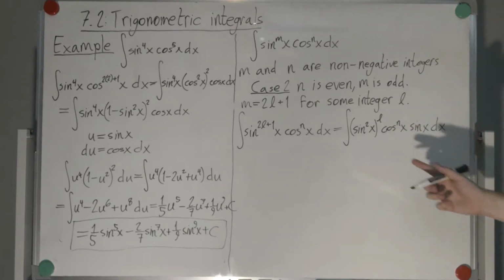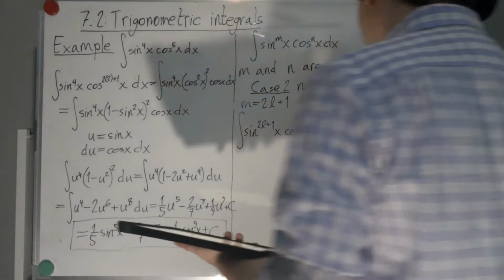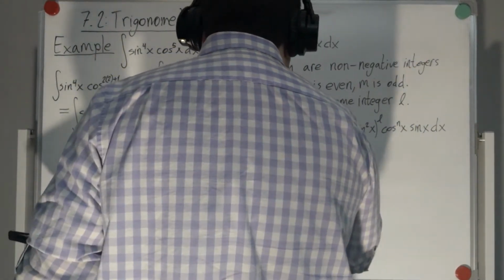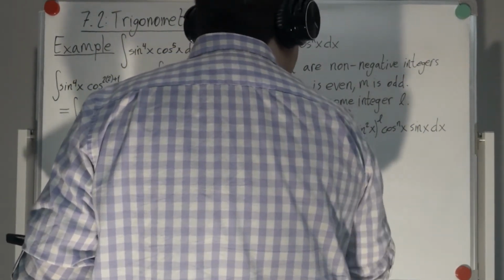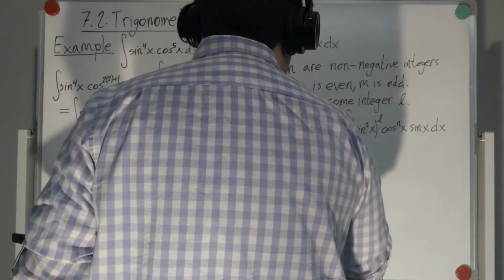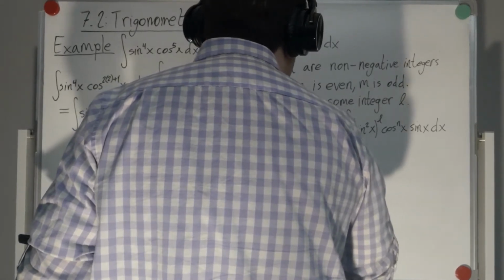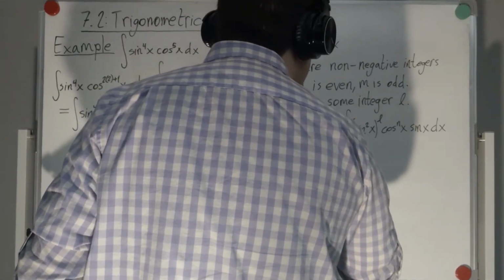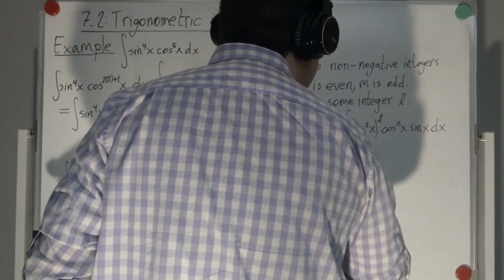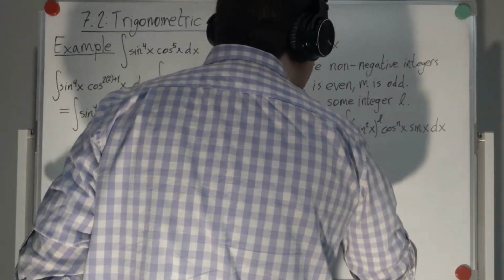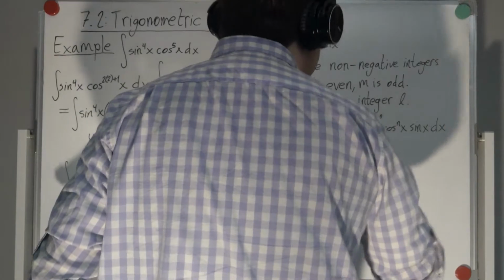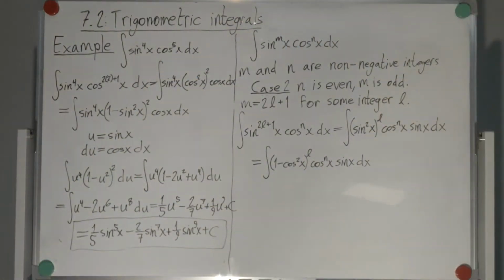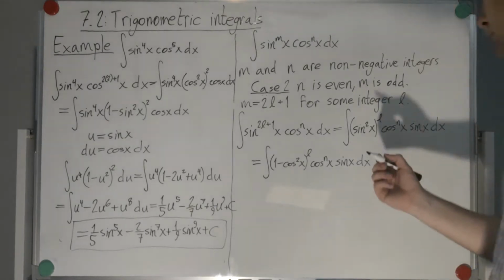All right, in that case, once again, we can say sine squared is just 1 minus cosine squared, in which case this will become (1 minus cosine squared x) raised to the L times cosine to the n of x times sine x dx. And now from here, once again, we can use u substitution.